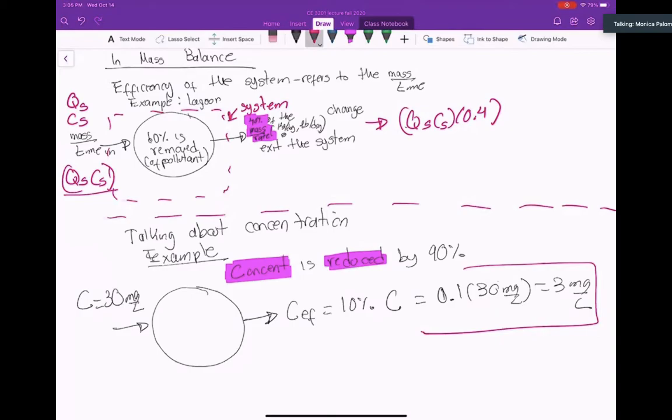So when we talk about efficiency of the system, we're talking about the flow and the mass that come together. But sometimes the statement is very clear: it is the concentration. I have seen students getting confused and interchanging them, and it is not the same.